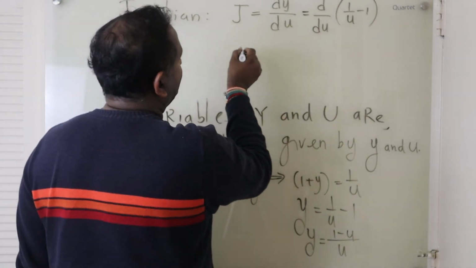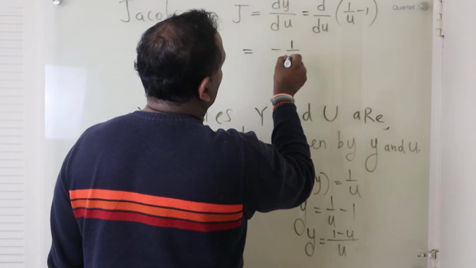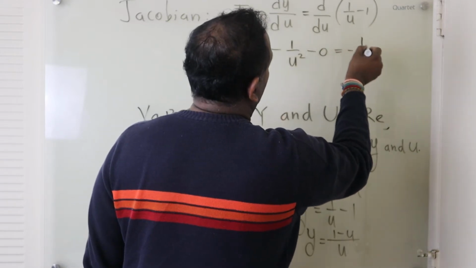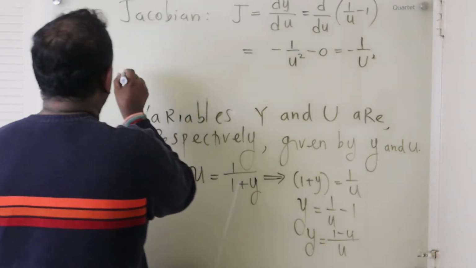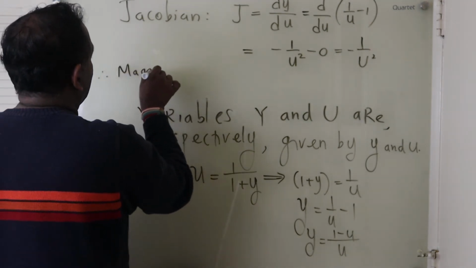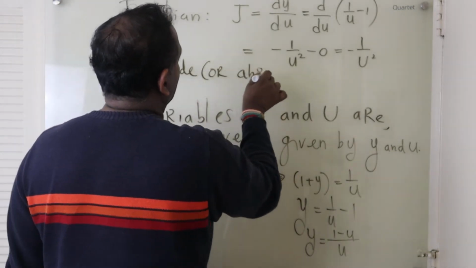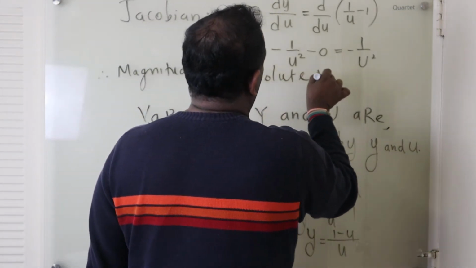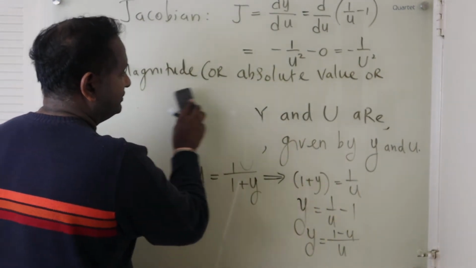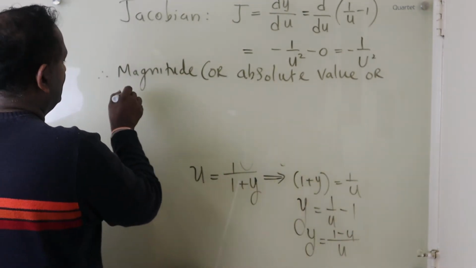So let's take the derivative. The derivative of 1 over u is minus 1 over u squared, minus 0, which is minus 1 over u squared. Therefore, I'm going to take the magnitude, or absolute value, or just the positive value of this derivative, the Jacobian.